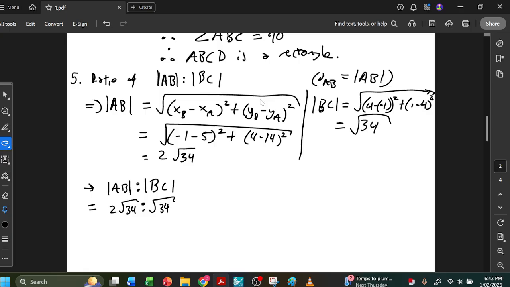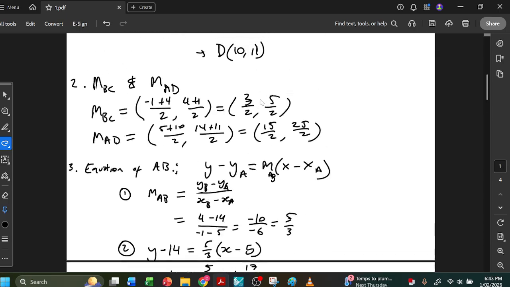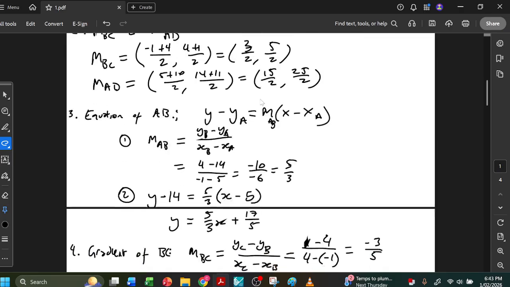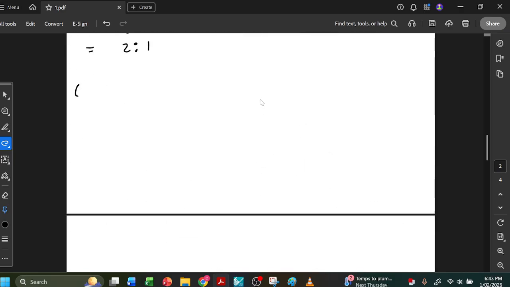We've got root 34 up the top and root 34 down the bottom. So this ratio is exactly the same as a 2-to-1 ratio, which is to say, looking at this diagram here, this side length here, AB, is 2 times this side length here, BC. Okay, so that's that question there. So that's part 5. Fantastic.